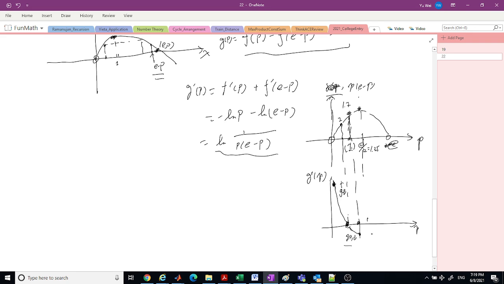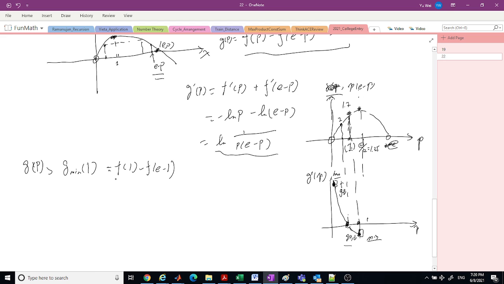So the minimum value of g(p) is either here or here, right? So in this case, we can see if p equals 1, g(p) is greater than or equal to f(1) minus f(e minus 1), right?